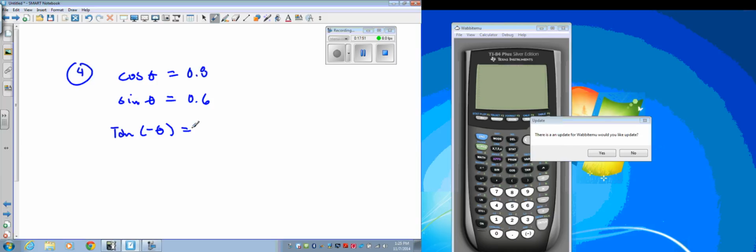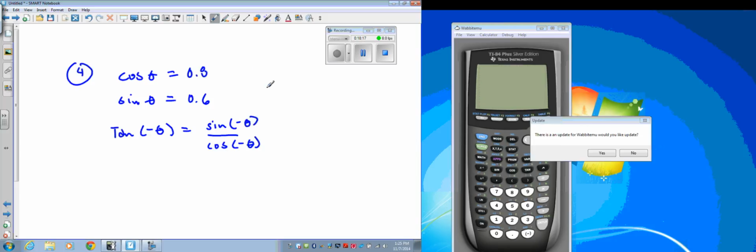This is the same as the sine of a negative theta over the cosine of negative theta. Now notice we're given positive thetas. So would you make both of those negative and then divide to get that?